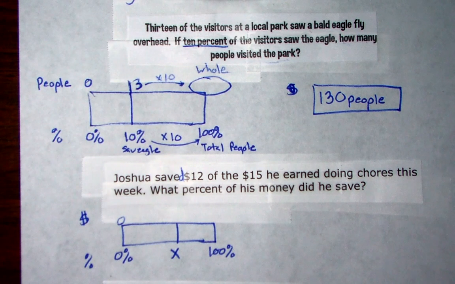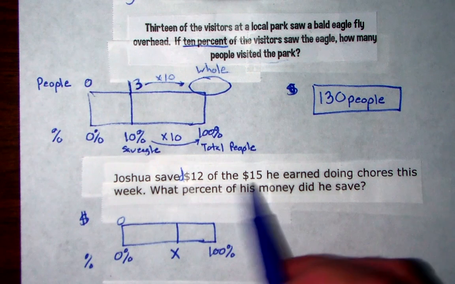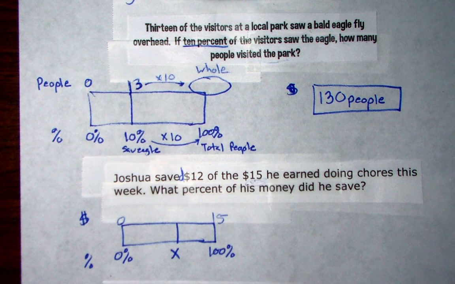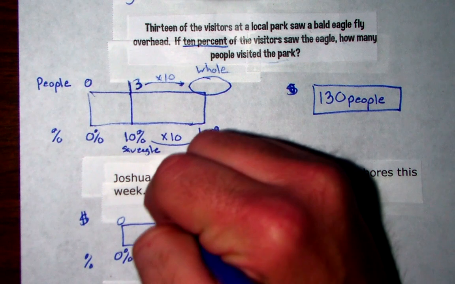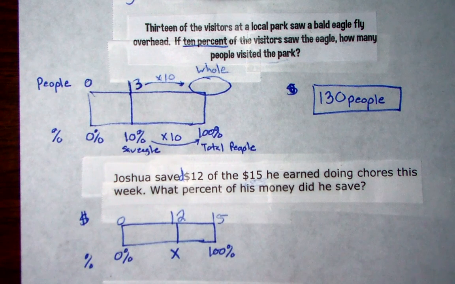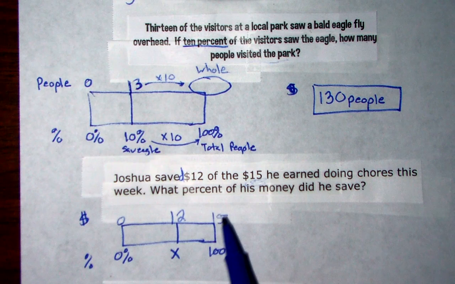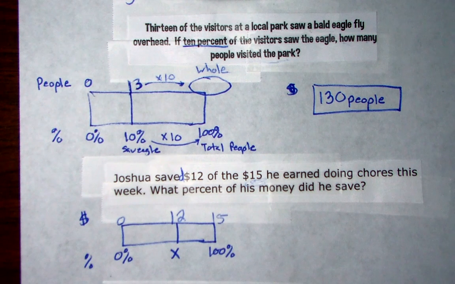All right, so back to this. How much total money did he earn? He earned $15. That's my total. The part was how much did he save? He saved 12 of it. Now again, as a refresher, guys, the part has to be smaller than the whole.